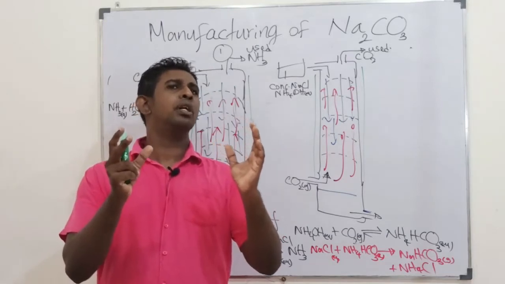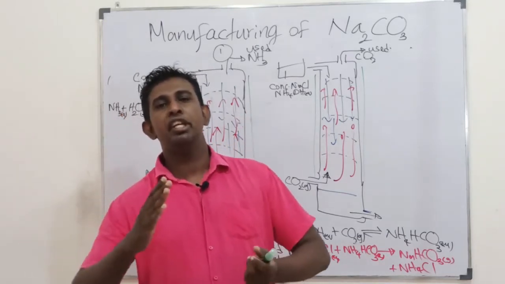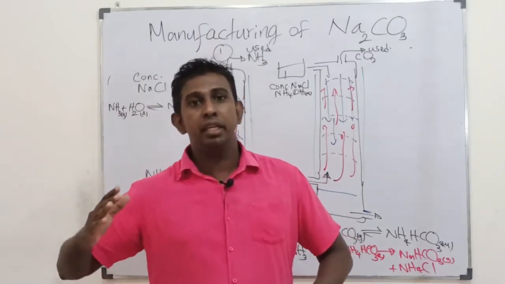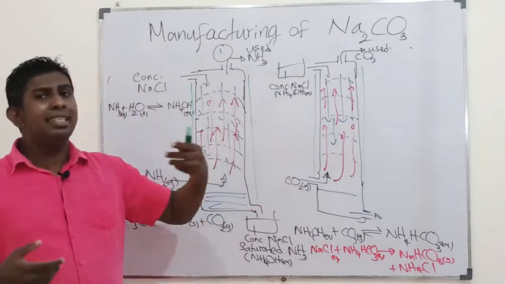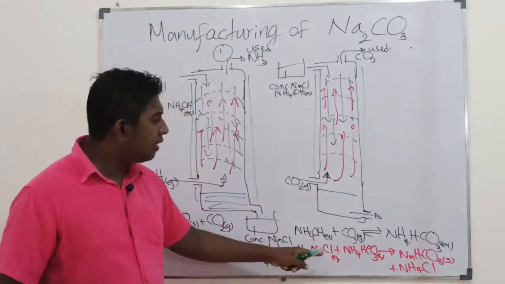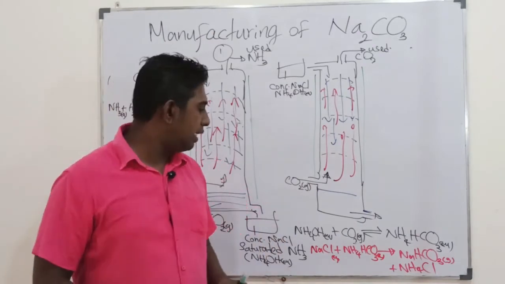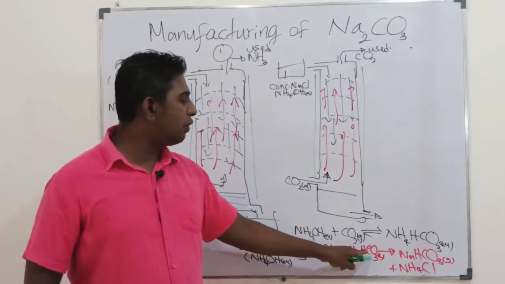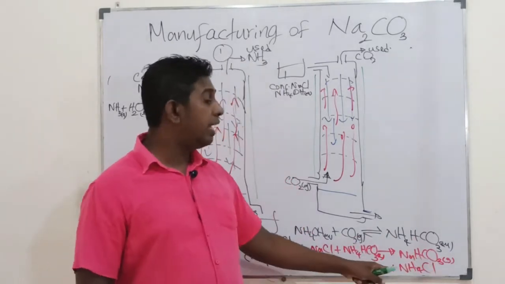The bicarbonate ion concentration inside the solution increases. With the high concentration of Na+, a precipitate of sodium bicarbonate is formed. It is NaCl with NH4HCO3 forming NaHCO3 precipitate with NH4Cl.